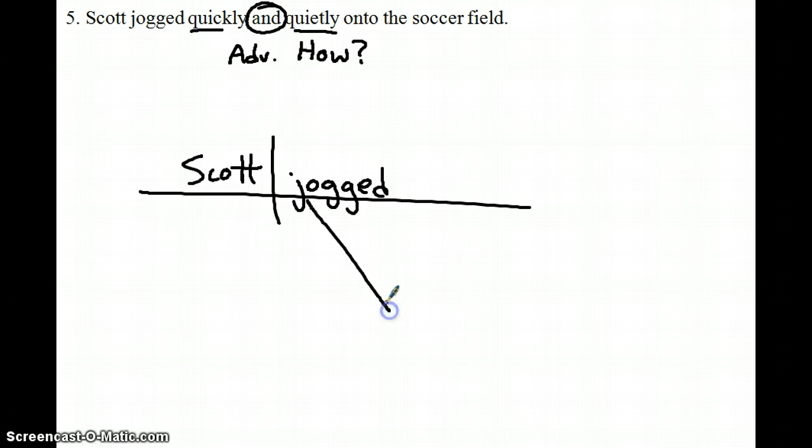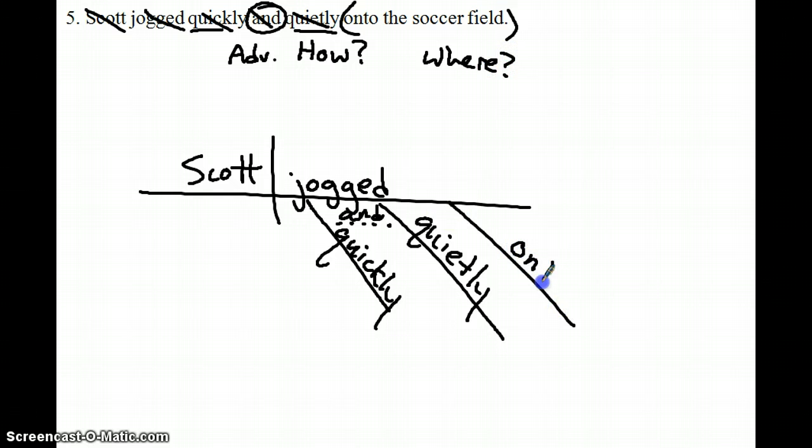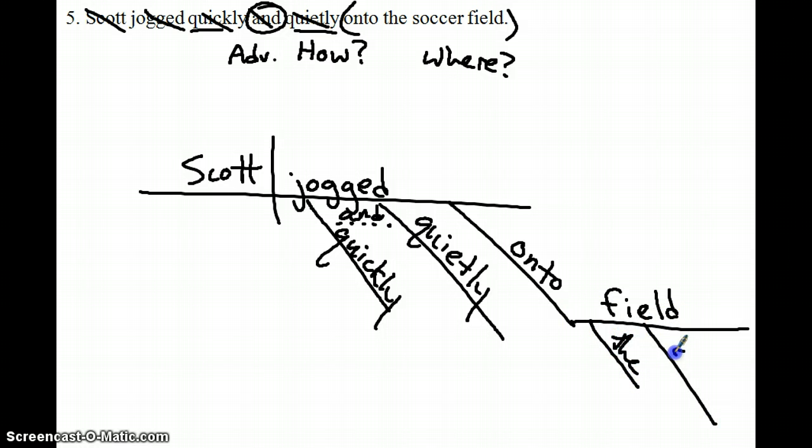How did he jog? Quickly, quietly, linked with the and. I like to cross things off after I use them. And now I have one last prepositional phrase, this answering where he jogged. Onto is a preposition. The field is our object of that preposition. And what kind of field? Well, the soccer field.